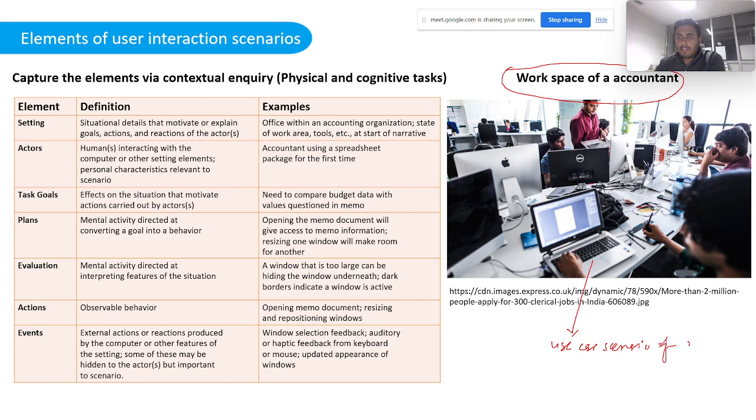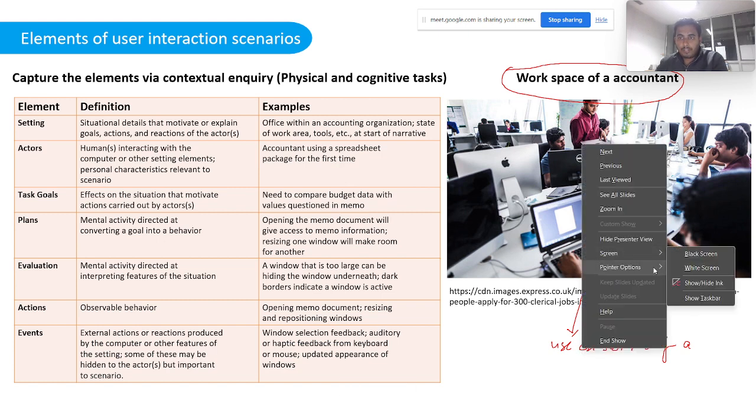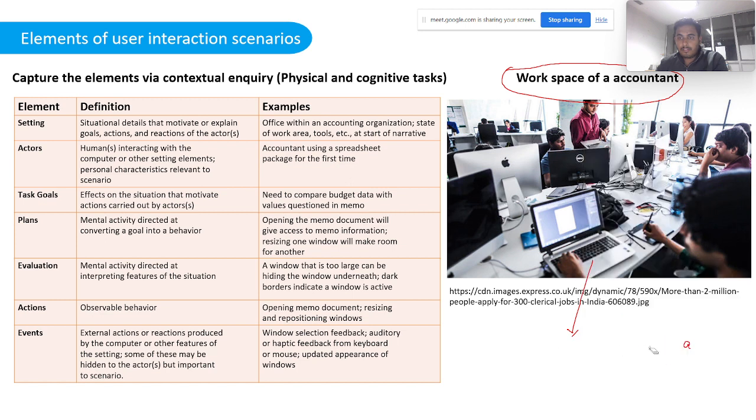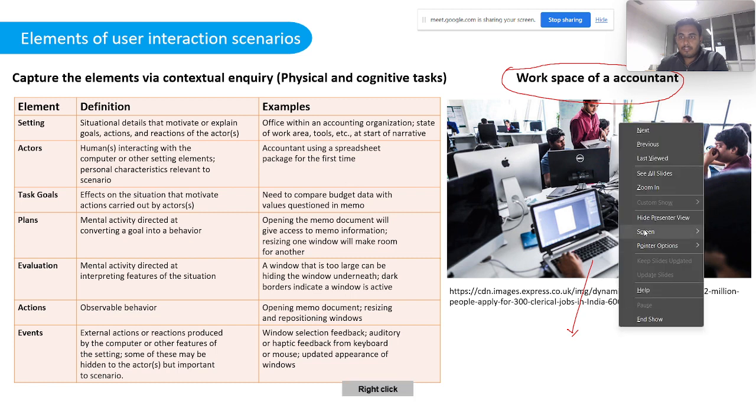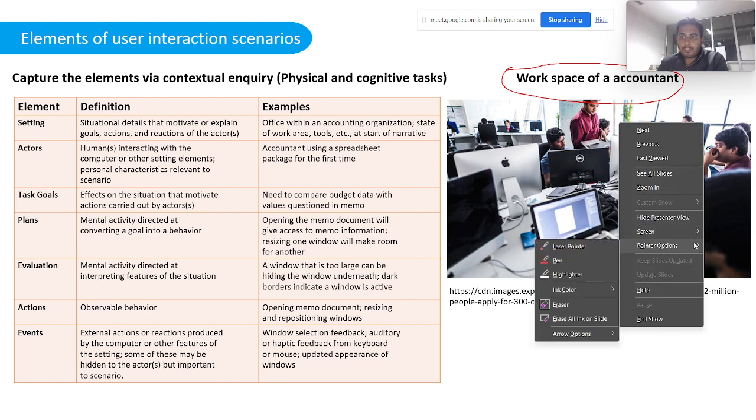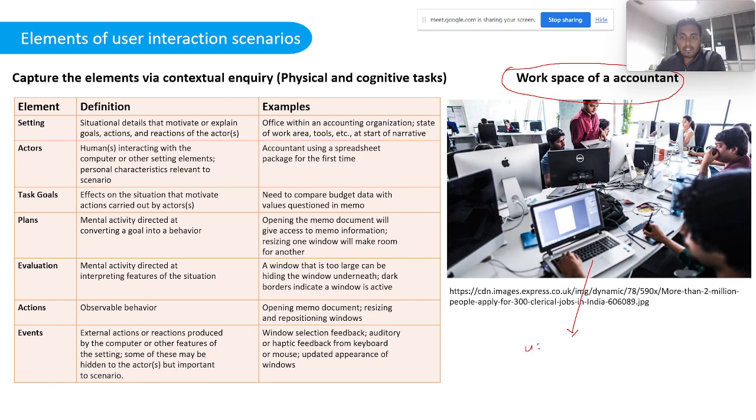Sorry, not use case scenario, let me clarify this. You want to analyze the user interaction scenario of using a particular spreadsheet.